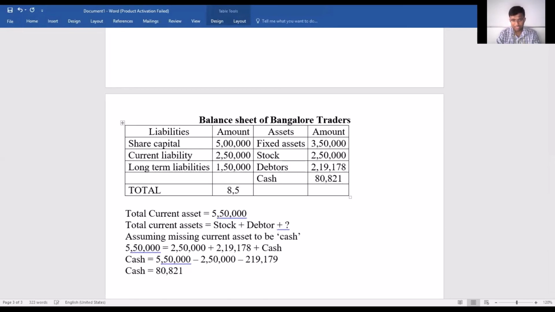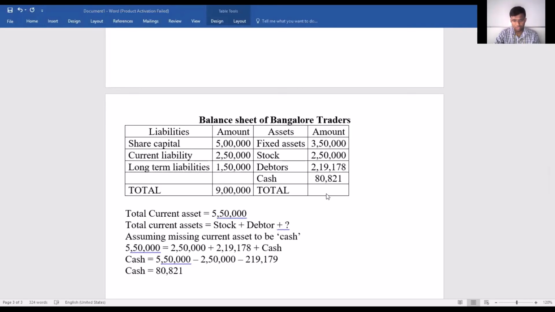And let's try and total up and see if both the sides are matching. Here it is 8 lakh. So this would be 9 lakh, and here let's total this up. So it's 822. Beg your pardon? It's 80,822.